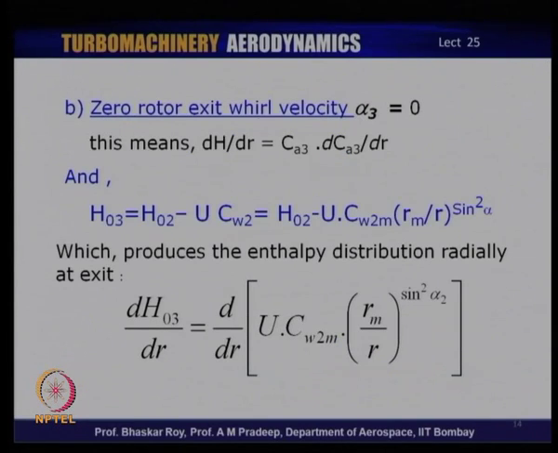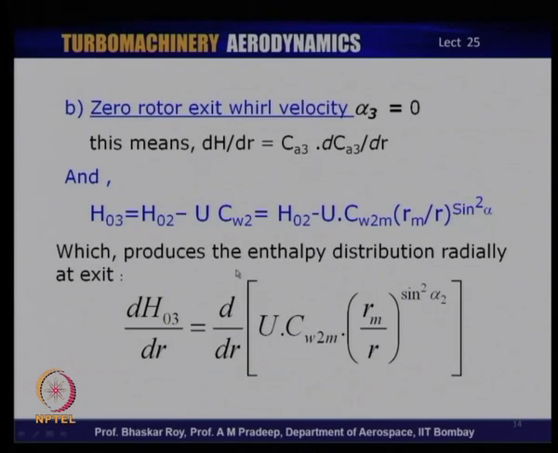If we go for the next assumption, that is the whirl component is 0 at the rotor outlet, that is alpha 3 is 0. This means that d H d r would be equal to C A 3 into d C A 3 d r, and then one can write down H 0 3 is equal to H 0 2 minus u into C W 2, and C W 2 at any radial station can be written down in terms of the mean radius station, as we have done before, substituted with C W 2 m into r m by r to the power sin square alpha 2.